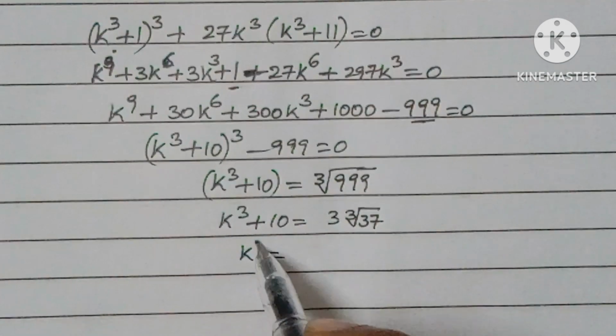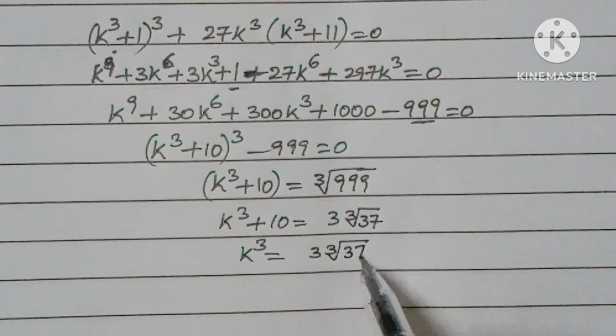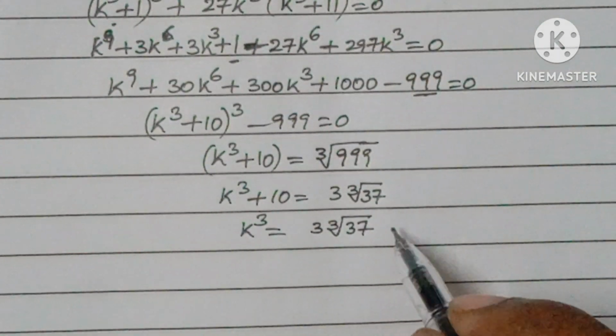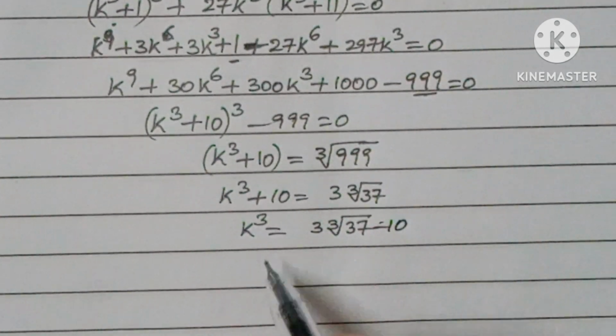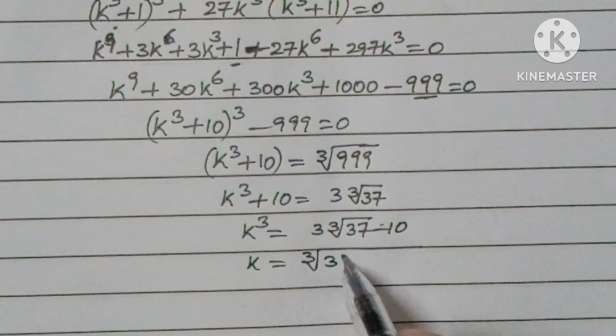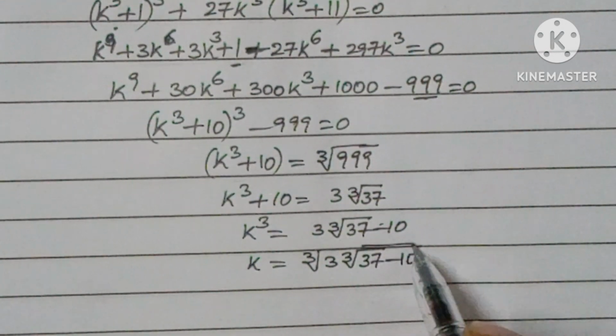So K cube is equal to 3 cube root of 37 minus 10 now. K is equal to cube root of 3 cube root of 37 minus 10, we are getting.